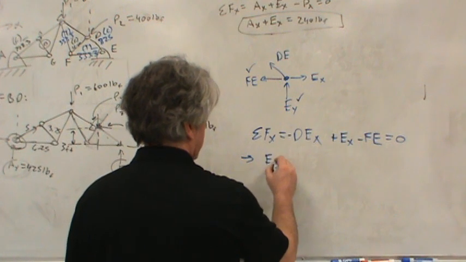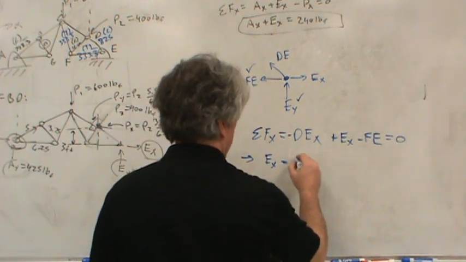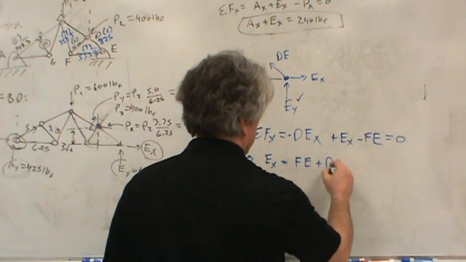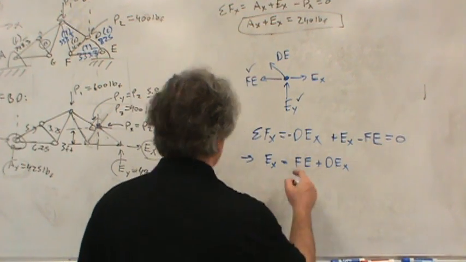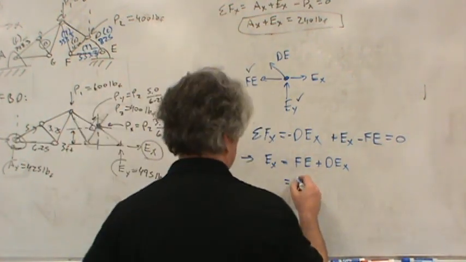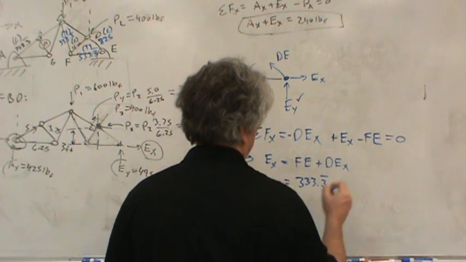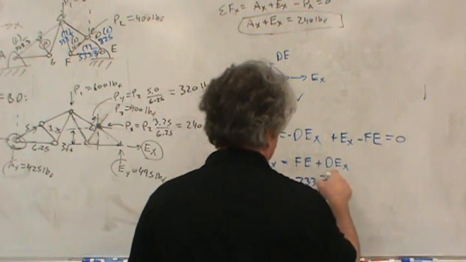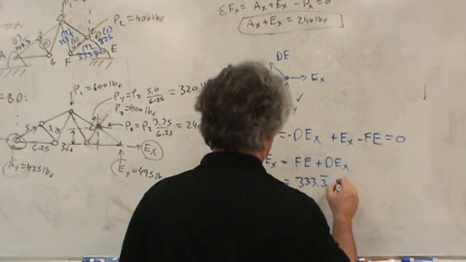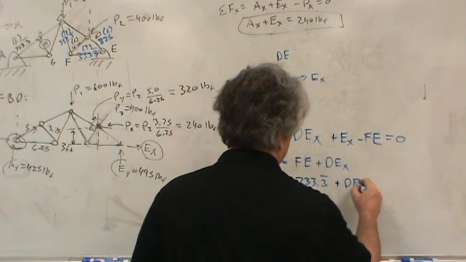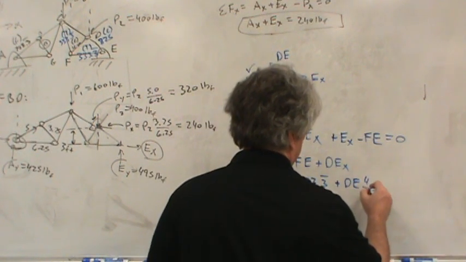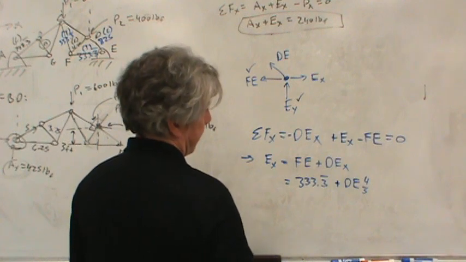So EX will be equal to FE plus DE in the x direction. FE is 333.3 repeating. And DE is itself a negative thing, but I'm going to go ahead and write plus DE. To get the x component, that would be the 4/5 side, right?